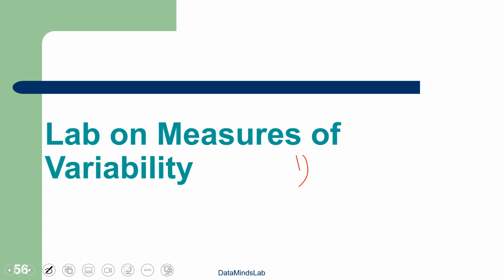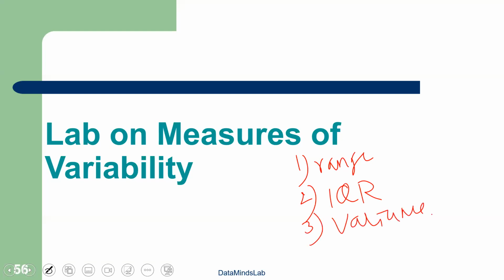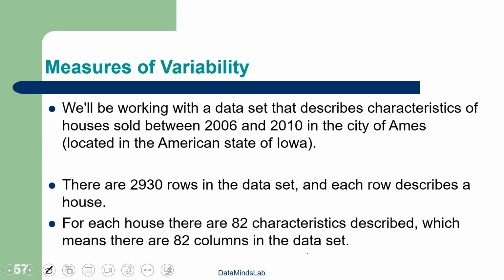The first one was range, then the second was interquartile range, the third was variance, and the fourth was standard deviation. We only looked into small examples of how to do it manually, but let's see how we can work on the lab activities and what we understand from the lab.